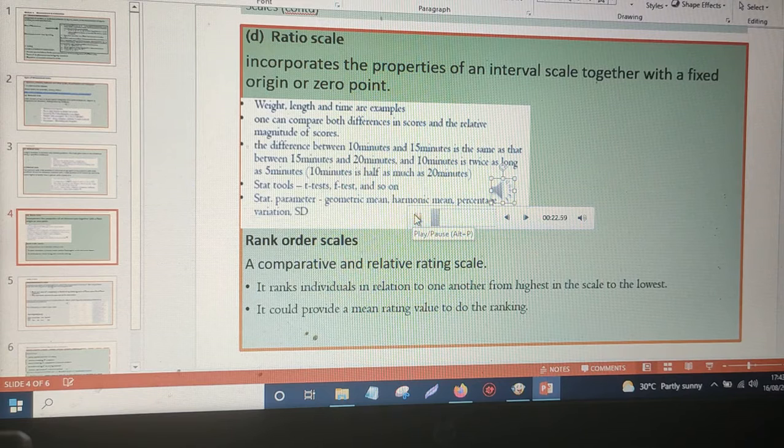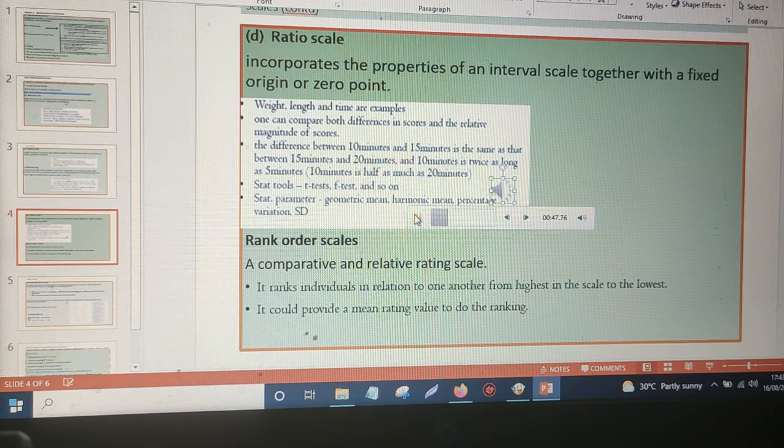From the previous example, you saw that it began from 30 to 35, not from 0. But the ratio scale has a 0 point. It can begin from 0, or it often starts from 0. So in addition to order and distance, it also has a 0 point origin.